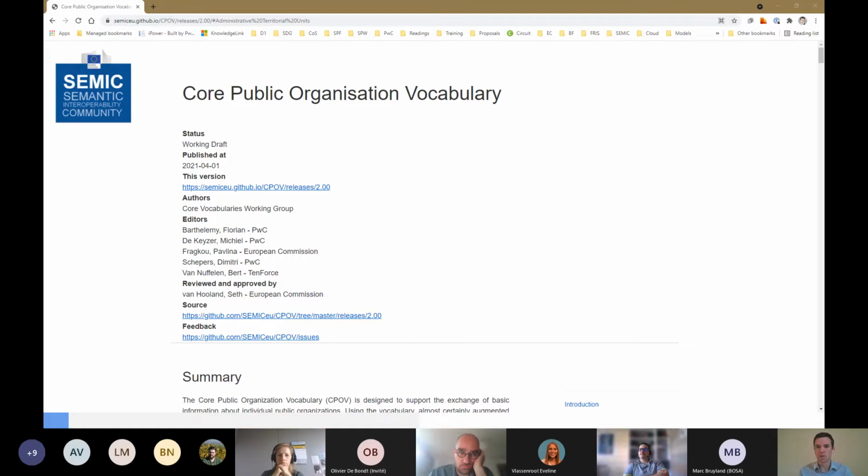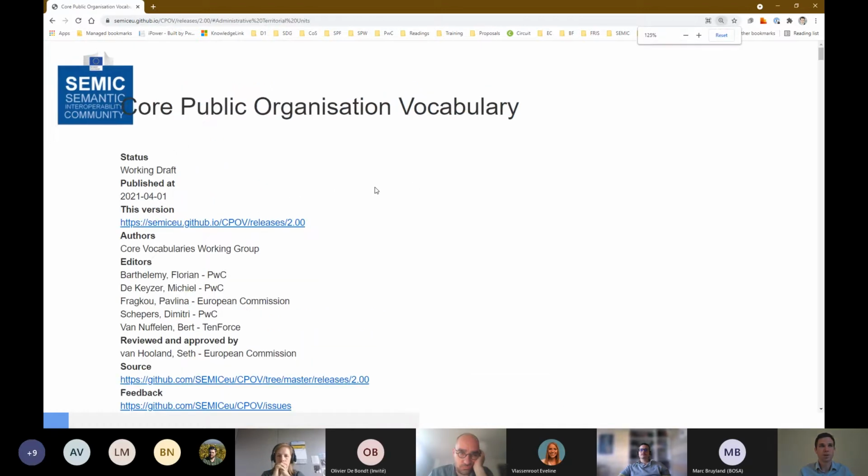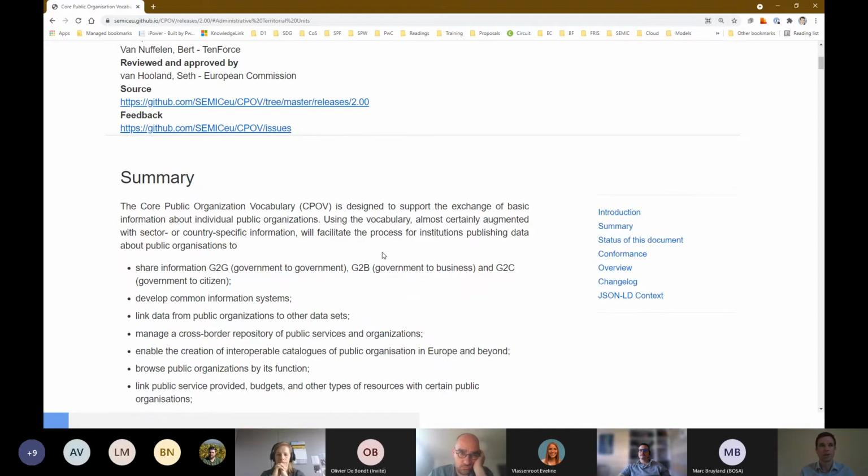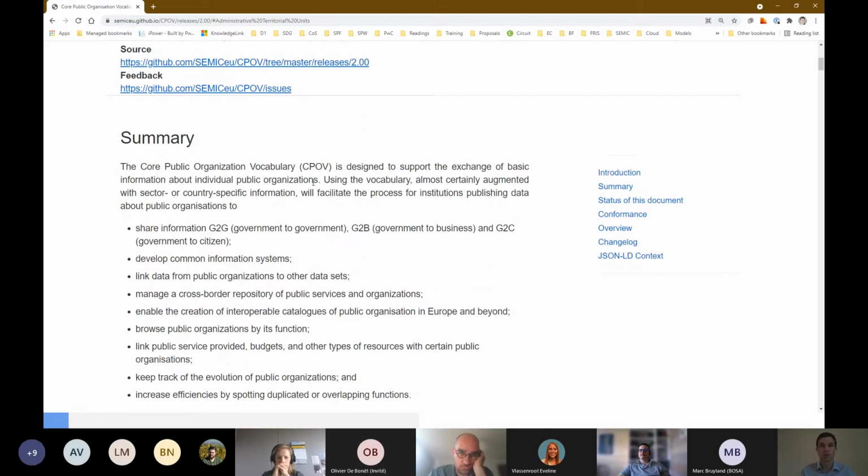When we say specification, it can be in various data formats. One format that is rather common in the past years is HTML, where you can find information such as a summary of the context.